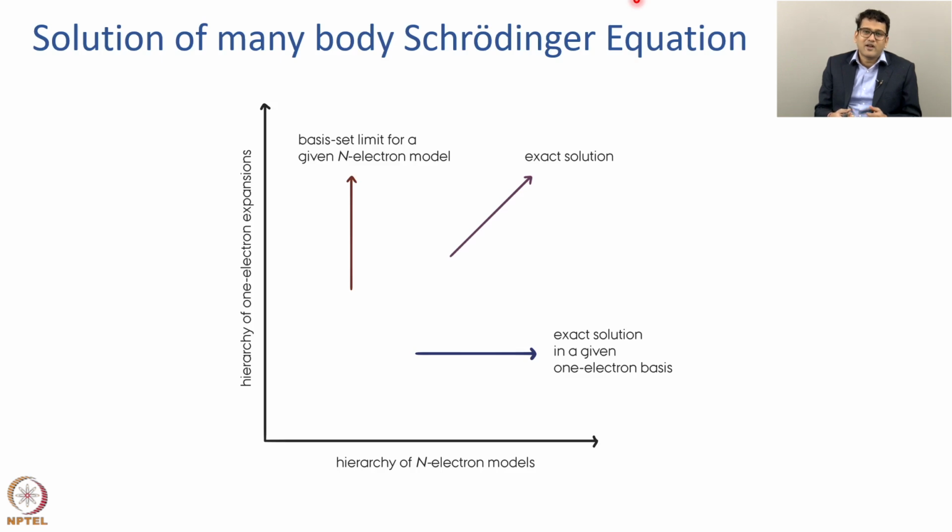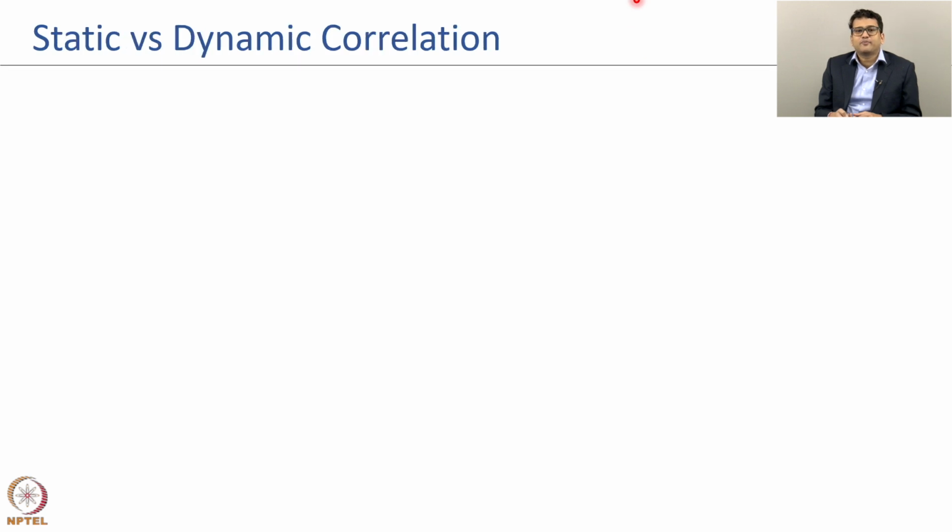You can start with a non-relativistic Schrodinger picture, go to scalar relativity, 4 component relativity, and going up to the full quantum electrodynamics. Then it will become a 3 dimensional picture, but for the Schrodinger equation solution it will be a 2 dimensional picture, and to get accurate answers, the exact solution to the Schrodinger equation, I need to go up on both the axes.